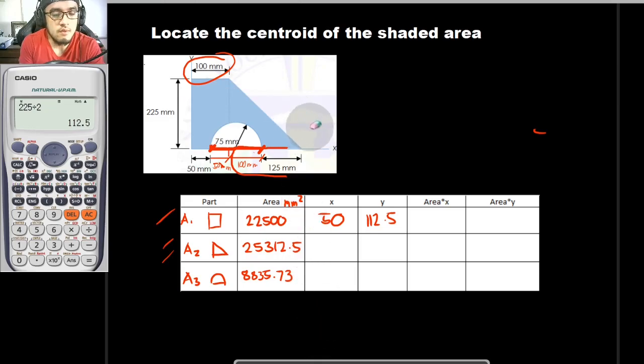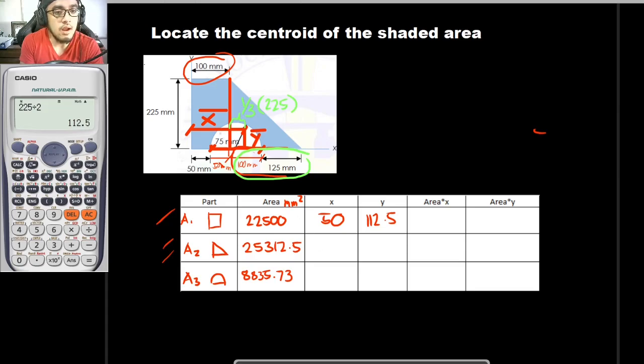So next up, let's solve for the centroid of the triangle. It would be this one right here. So this is to be bar x, and this is to be bar y. So for your bar x, if we are to get its centroid from this point right here, this dimension is 1/3 of this dimension right here, which is 225.